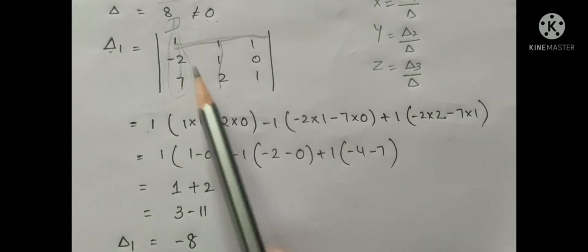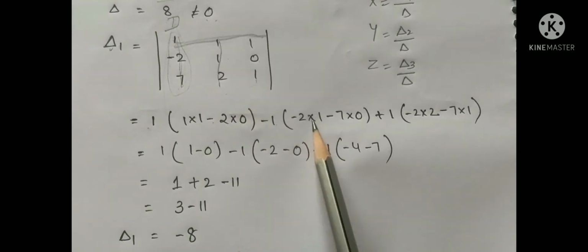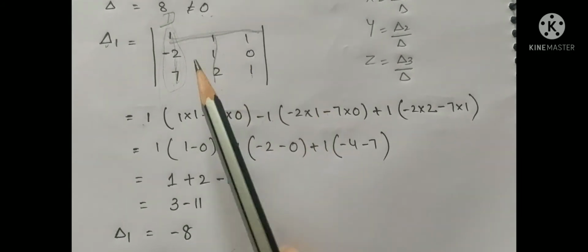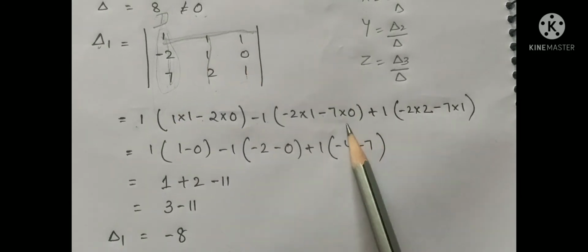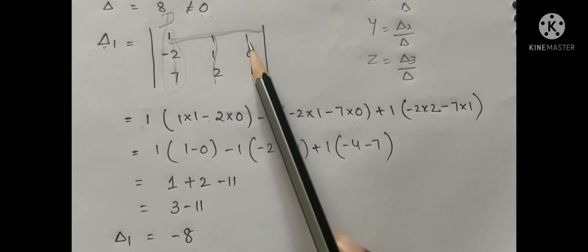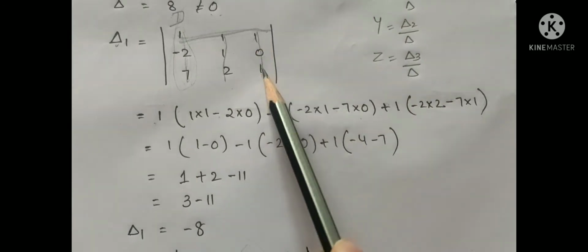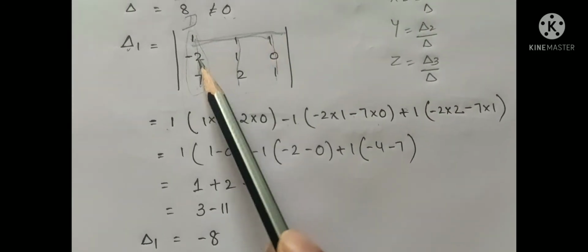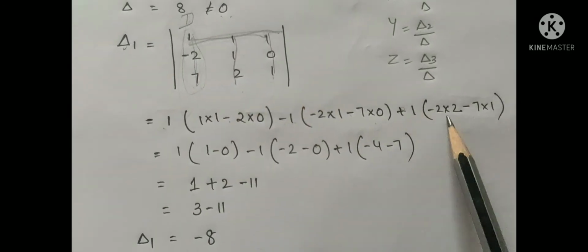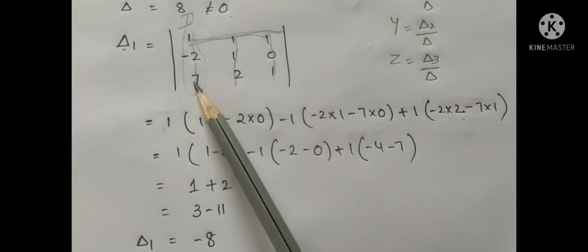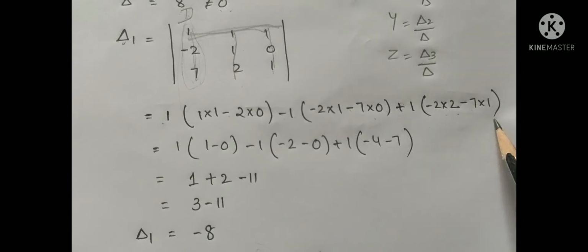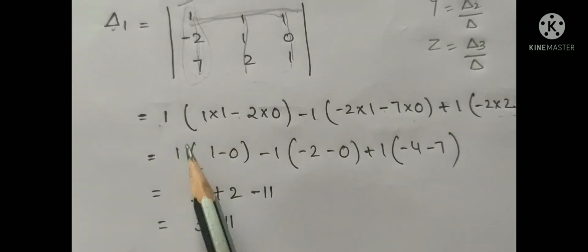You are left with -2 into 1 minus 7 into 0. The last one is plus 1. Then leave this column and this row. -2 into 2 minus 7 into 1. Now simplify this.